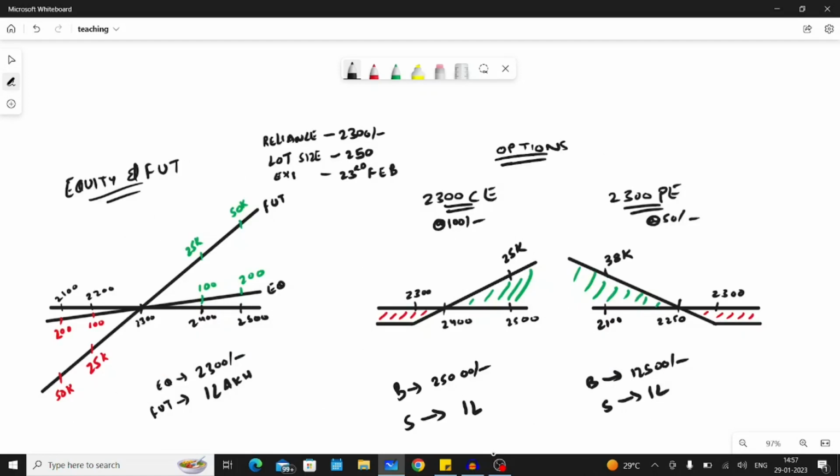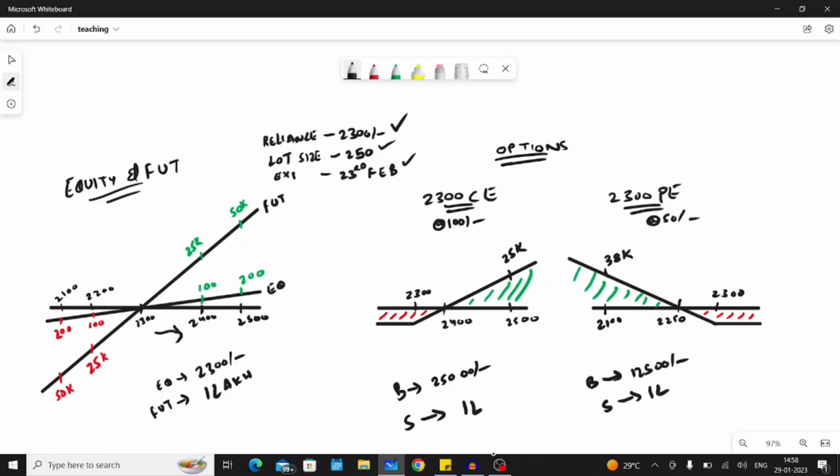So now let's compare everything. So Reliance is traded at 2300, its lot size is 250, and expiry is on 23rd of February. So when we see equity, every 100-point move will give us a profit of 100 rupees. Similarly, on the downside, every 100-point move will give us a loss of 100 rupees.